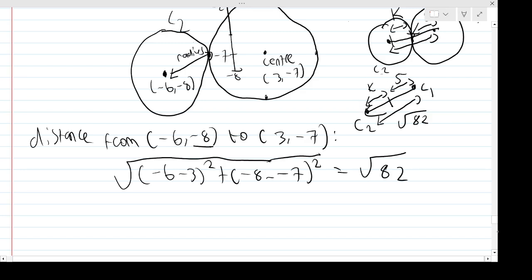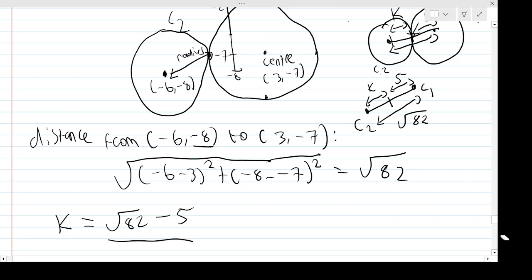Isn't that distance, therefore, going to be that K equals the whole distance root 82 take away this part of the distance, which is 5. Okay, there we are. So the radius of C2 is this for K.